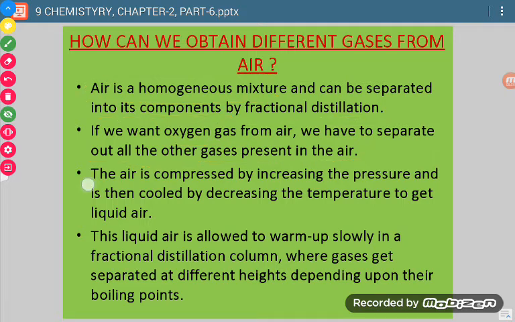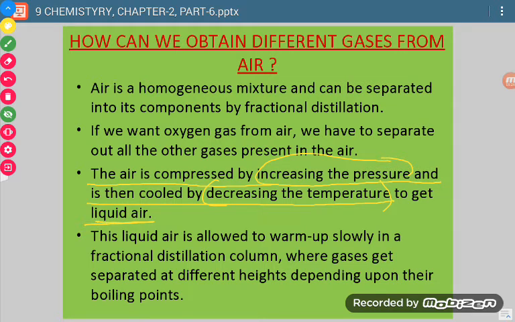First of all, air is compressed by increasing the pressure and then cooled by decreasing the temperature. This is what we have done earlier: we can convert a gas into the liquid state if we increase the pressure and decrease the temperature. So we will provide both conditions, and then air will change into liquid form, and we will call it liquid air.